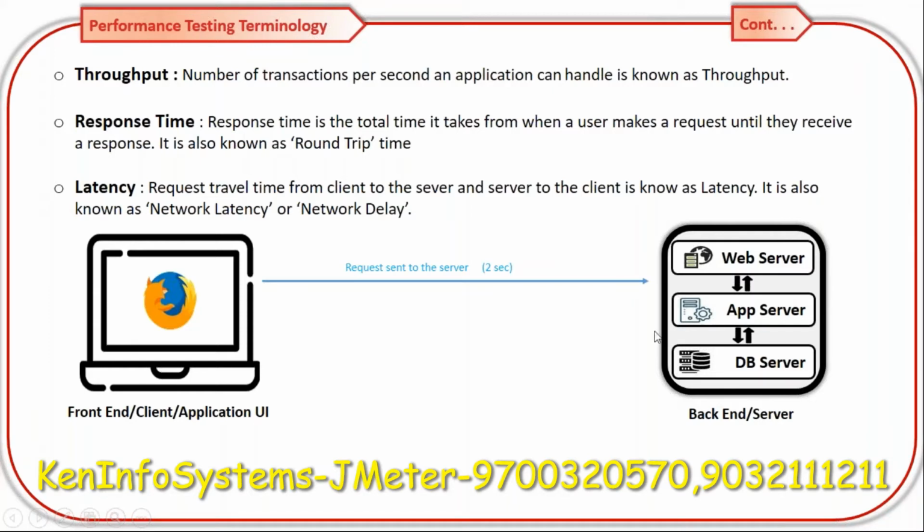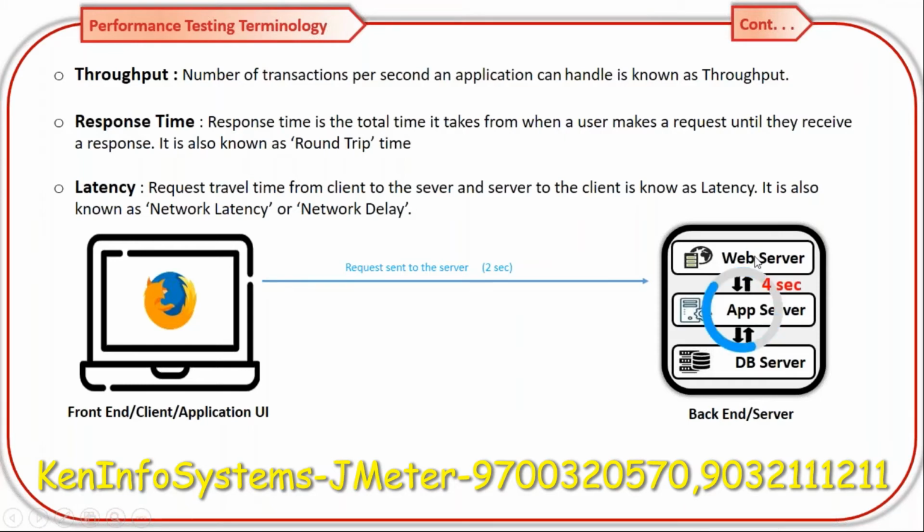I sent a request, like I clicked on some application launch. The request was sent to the server, and let's assume it took 2 seconds. After the request was received, the server processes it.